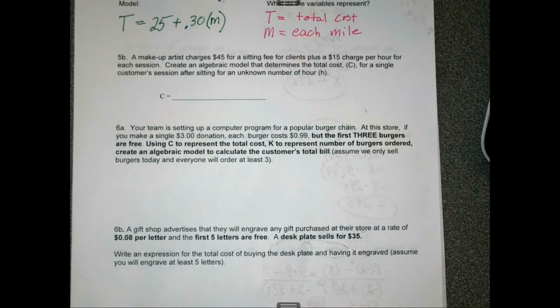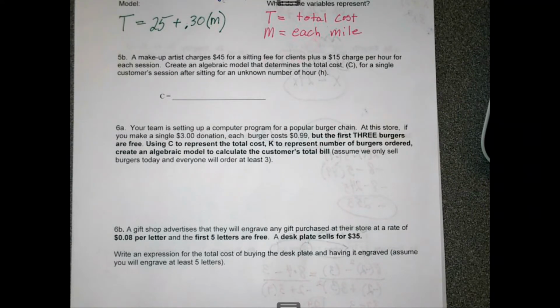At this store, if you make a single $3 donation, each burger costs 99 cents. But the first three burgers are free. Using C to represent the total cost, K to represent the number of burgers ordered, create an algebraic model to calculate the customer's total bill.